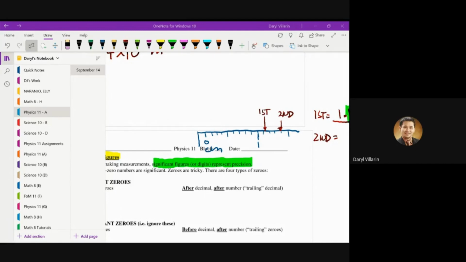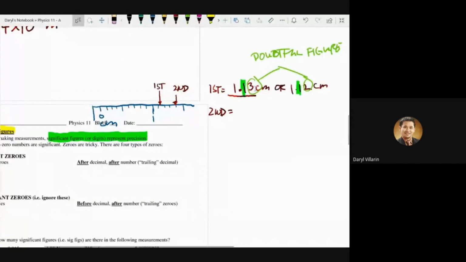Well, just make sure, especially for a ruler, because mostly we're using a ruler. If your instrument can read up to 0.1 of a centimeter, that means 1/10 of a centimeter. Therefore, when you record your final measurement, you have to indicate the hundredths place.